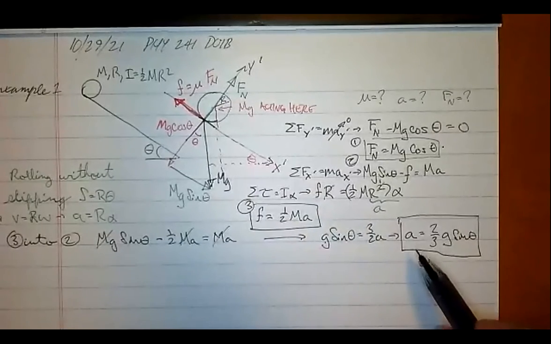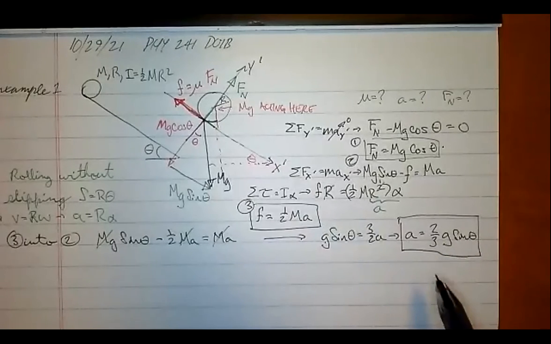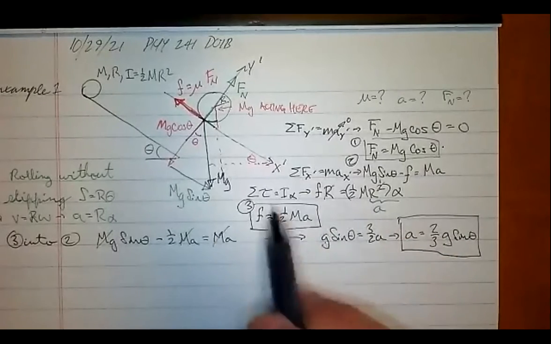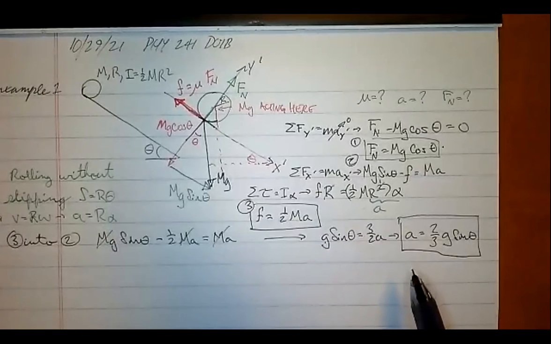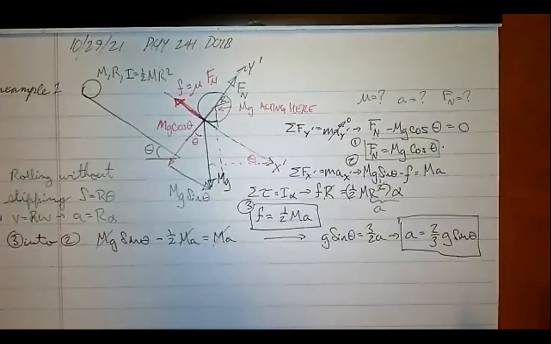We can still use V squared equals V0 squared plus 2a(x minus x0). All those kinematic equations that we found for constant acceleration, they fit this. So even though we've added this complexity of having a thing rotating in addition to its center of mass moving, it still gives us a nice constant acceleration down an incline. So now I've gotten A. That was just a lucky happenstance.